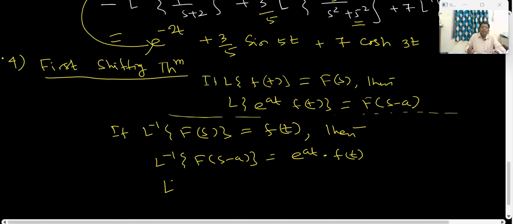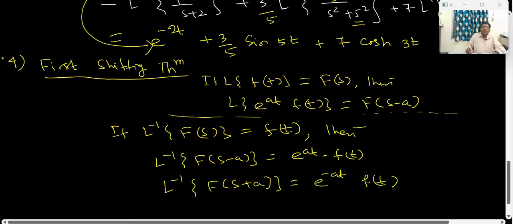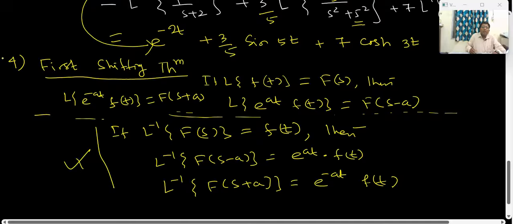Similarly, L inverse of F of s plus a is e to the power minus at f(t), isn't it? And similarly, L of e to the power minus at f(t) is F of s plus a. Now we are going to use this to solve the inverse Laplace transform.